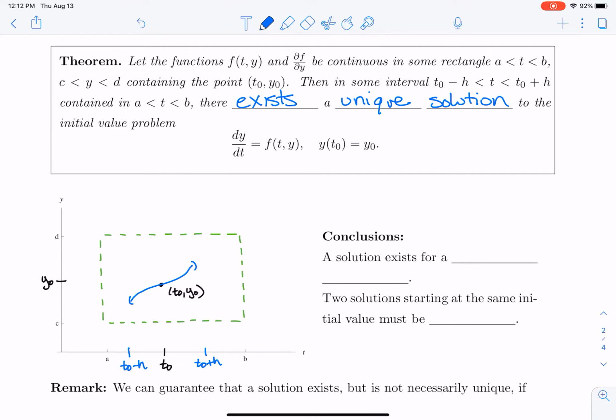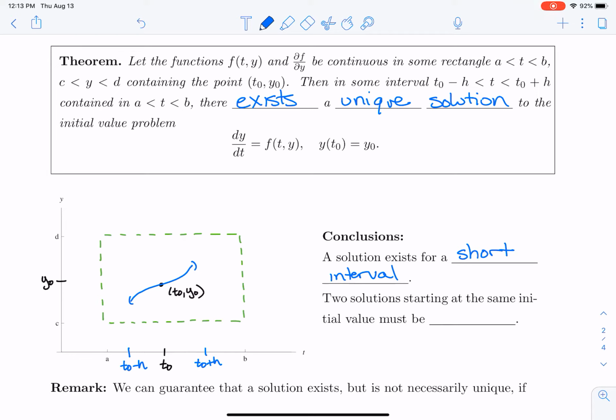And not only does there exist a solution, but that solution is also unique. Now, we should point out that the solution exists for a short time interval. I didn't say that the solution was going to exist for all time. I just said it was going to exist for a short time.